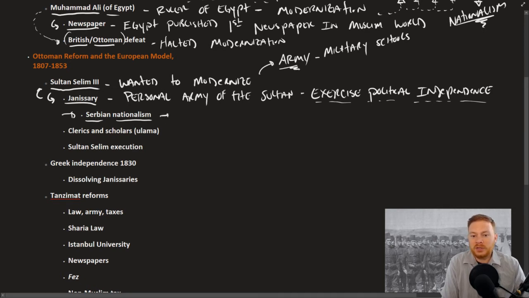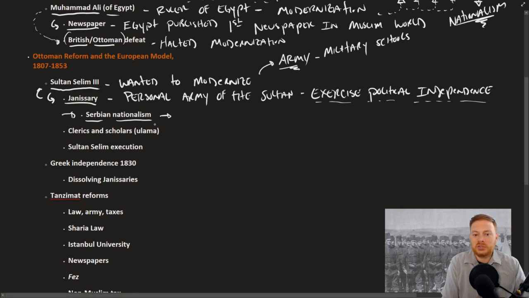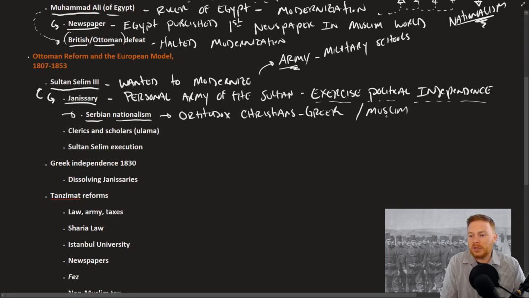Serbians, recall, in terms of nationalism, we want to think about the way that people identify themselves in terms of culture, language, religion. Language is a big indicator. So the Serbians were primarily Orthodox Christians, who wrote in Greek, and could speak a number of different languages. And the Janissaries and the Ottoman Empire, again, was primarily an Islamic empire and wrote in Arabic in most cases.